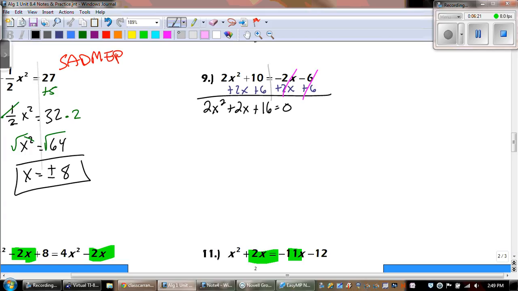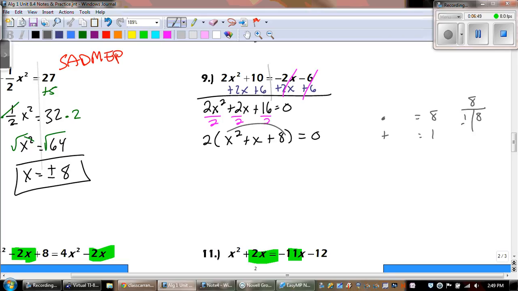Okay, well, there is a GCF. So I'm going to take out the GCF, which is a 2, and then our remainder is x squared plus x plus 8 equal to 0. So we're looking for numbers that multiply to get to 8 and add to get to 1.